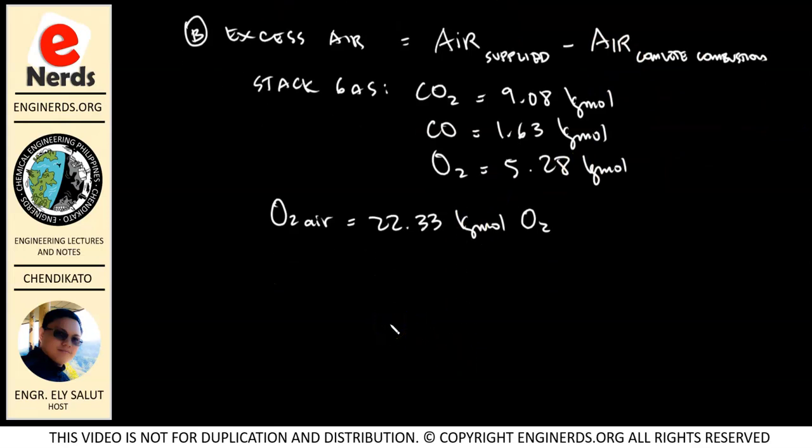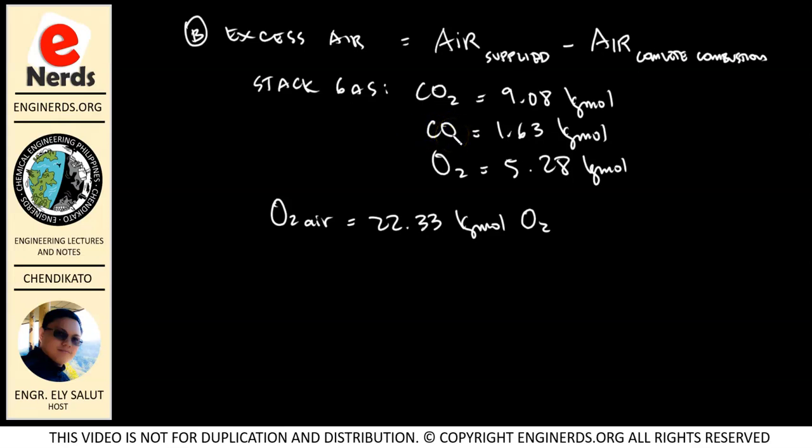So alam natin if we have complete combustion, all of our combustible materials such as carbon will be converted to CO2, and other combustible materials will be converted to their state of complete combustion. But in this case, we only have hydrocarbon.